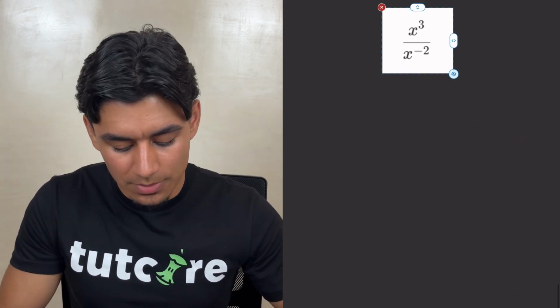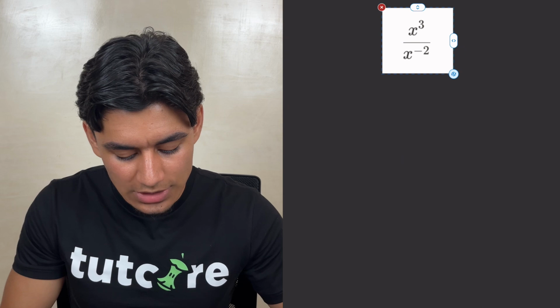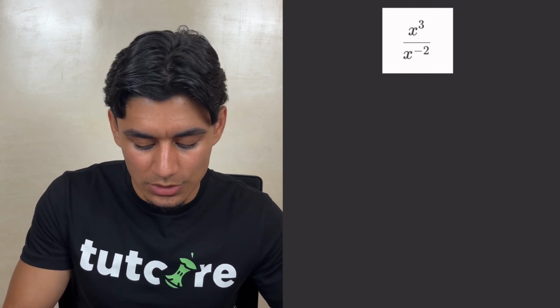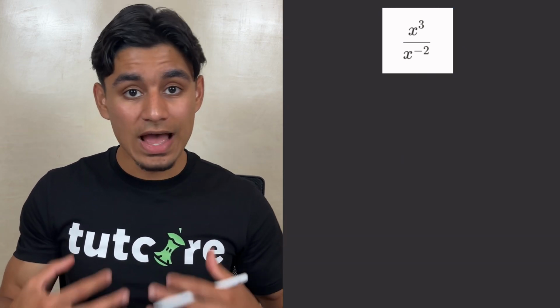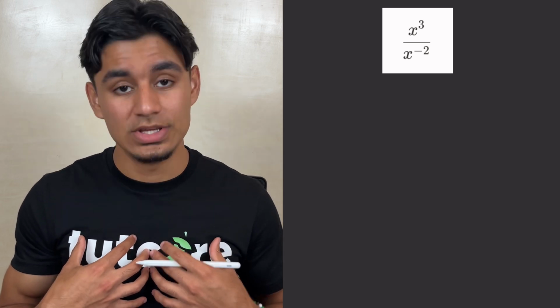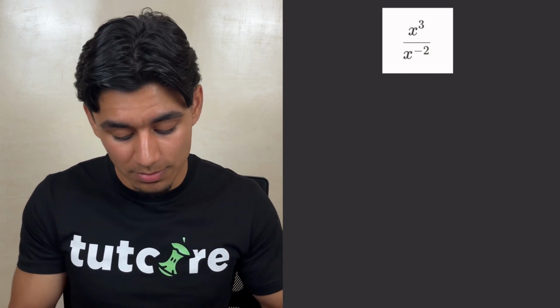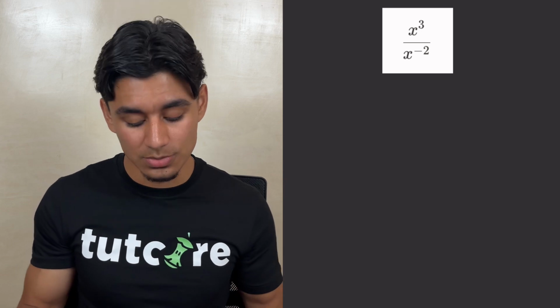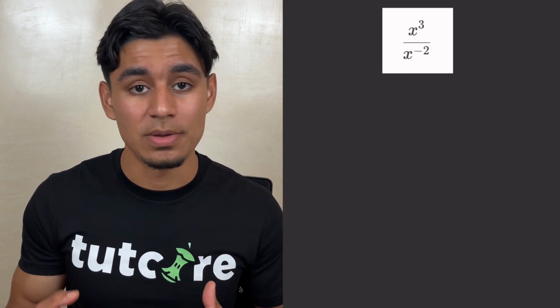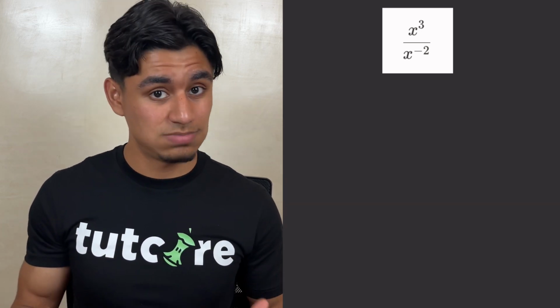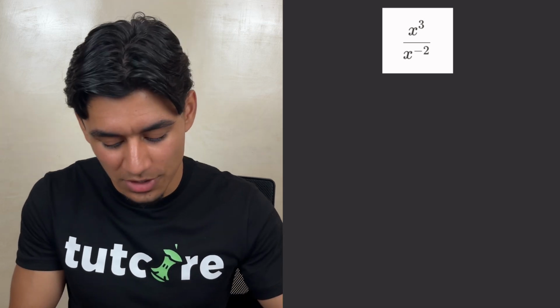Next up. Okay, in this situation, we actually have two things that we need to do. The first thing that I personally like to do is take my exponents to the top if possible, or bring them down if possible. Okay, I just want to make them positive. Personally, I don't like working with negative exponents.